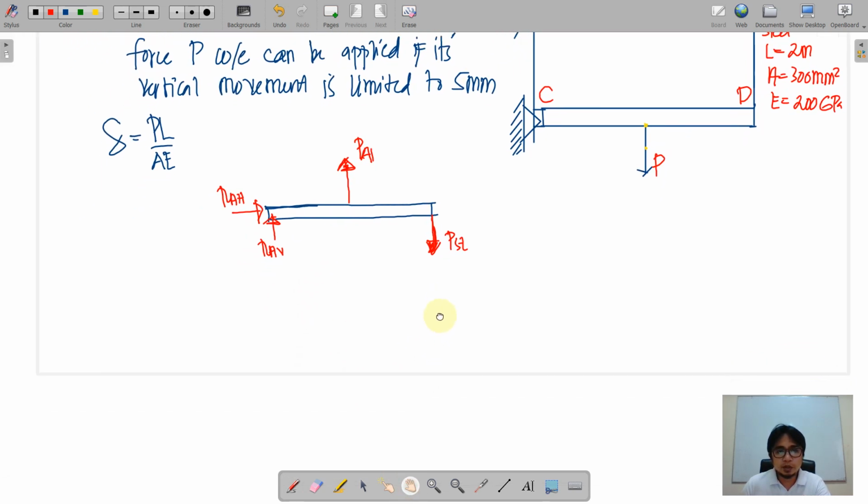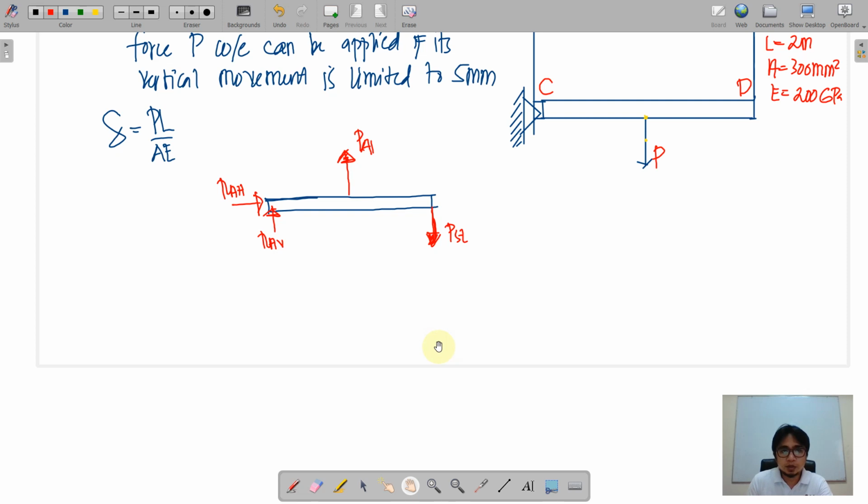So we further draw our FBD for CD. This is bar CD. On this bar again, action and reaction are oppositely directed but of the same magnitude because it will just transmit to our bar CD.